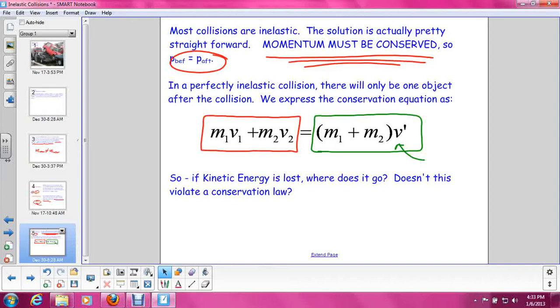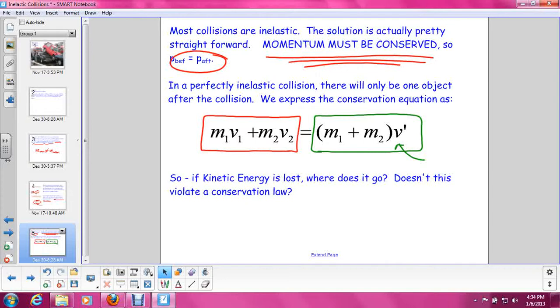The amount of energy you have before is equal to the amount of energy you have after. The thing that changes is the kind of energy. So, yes, kinetic energy is lost. We may have more or less of it after the collision than we did before. But all it did was change into a different kind of energy, like thermal energy or potential energy. We didn't actually lose any energy, it just changed from one form to another.